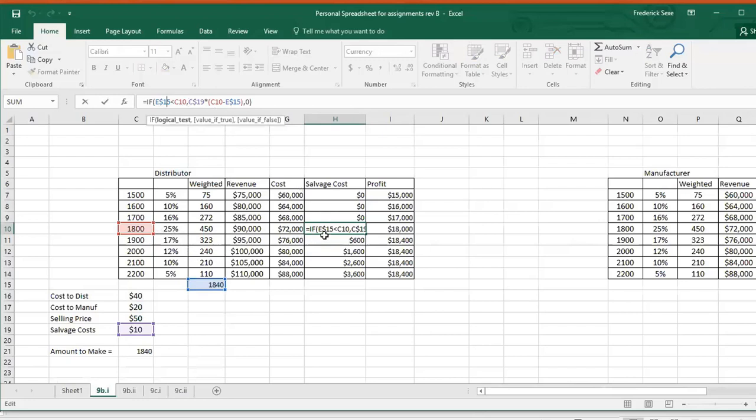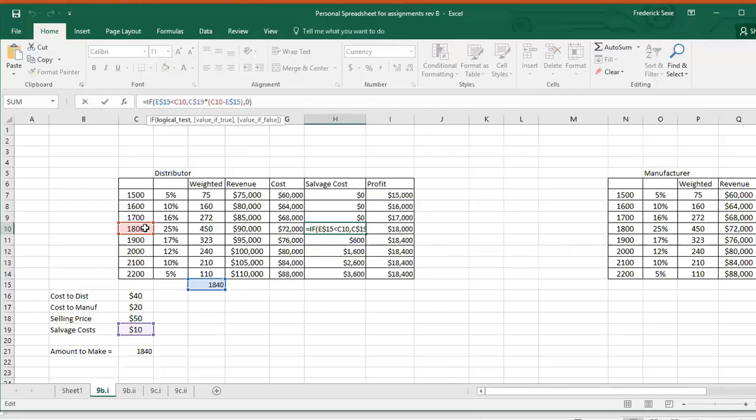If not, then it is 0. And what this does is, as long as the weighted distribution is greater than what is in this block, it's going to say 0 because salvage cost is only on the items that are not sold.